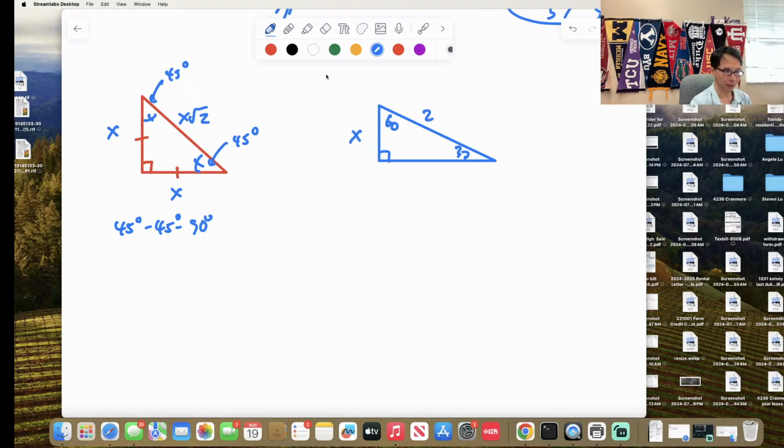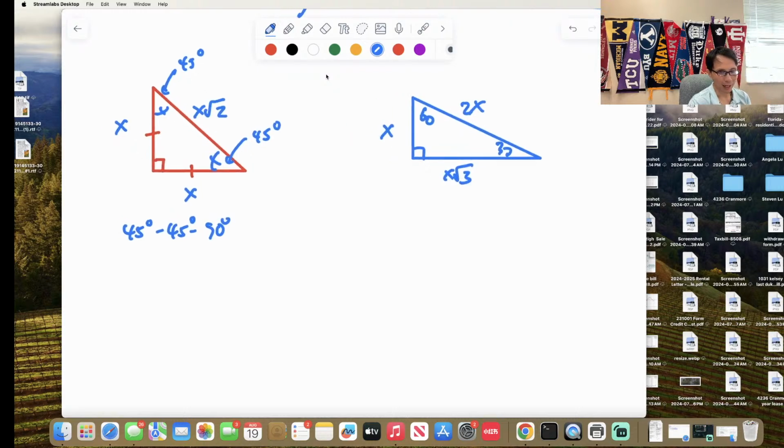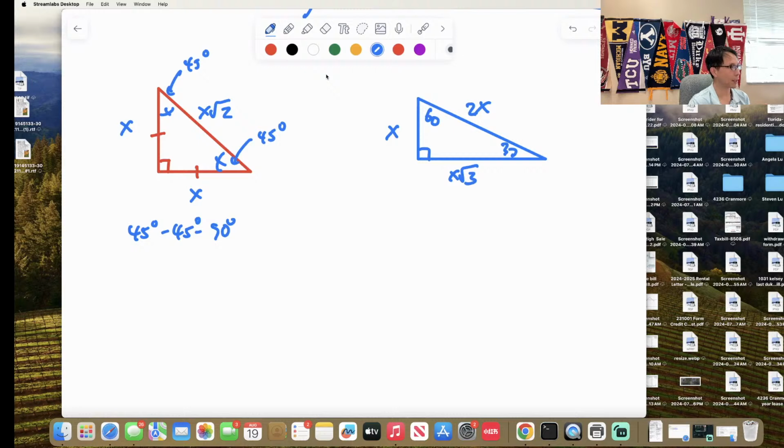The biggest side is facing the biggest angle, so 90 degrees is facing 2x. The 60 is facing x root 3. And that's a ratio you have to memorize. And you know why that's very helpful? Because it's something you're going to be using throughout the SAT. The SAT must have one question with 30-60-90 or 45-45-90.